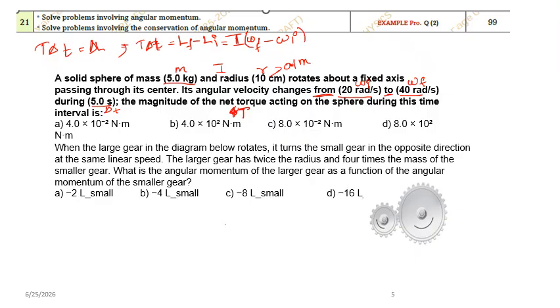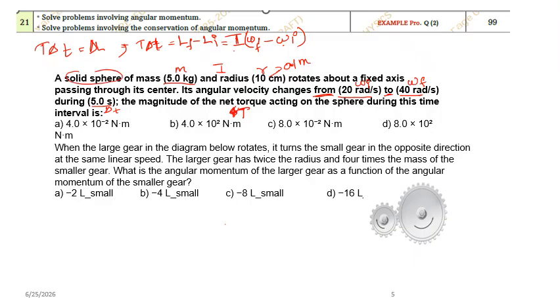So do we have the moment of inertia here? We don't have it. Omega i we have, omega f we have, and delta t also, but we don't have I given directly.